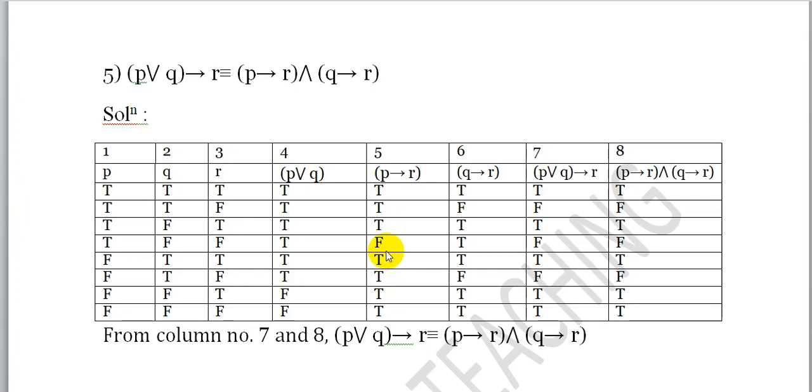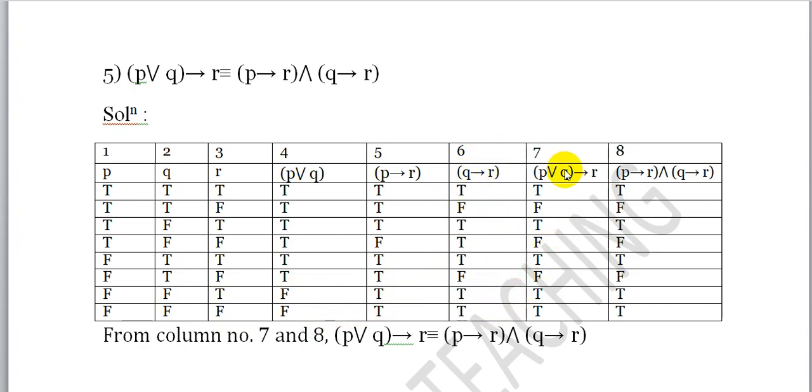Here F to F is T, T to T is T, and F to T is also T, only T to F is false. Similarly, Q to R, we get this column, based on the same rule, using the second column and third column. So T to T, T, and T to F, F, F to T, T, and F to F, T, T to T, T, and T to F, F, and then again it is T and it is T, right? So the sixth column is ready now.